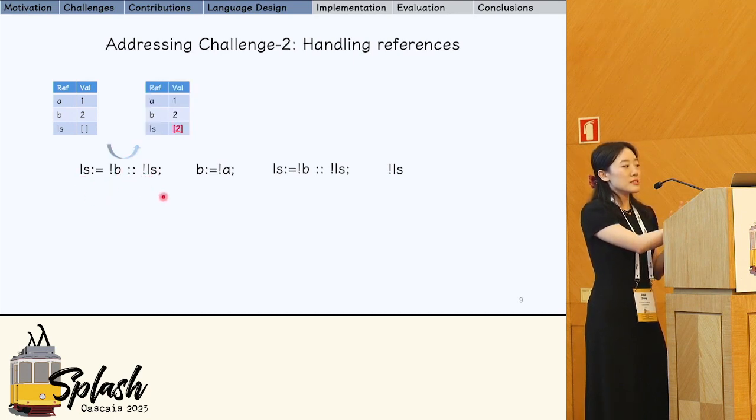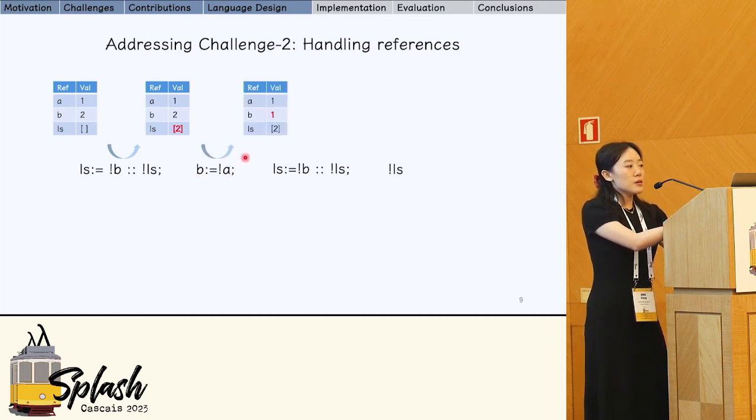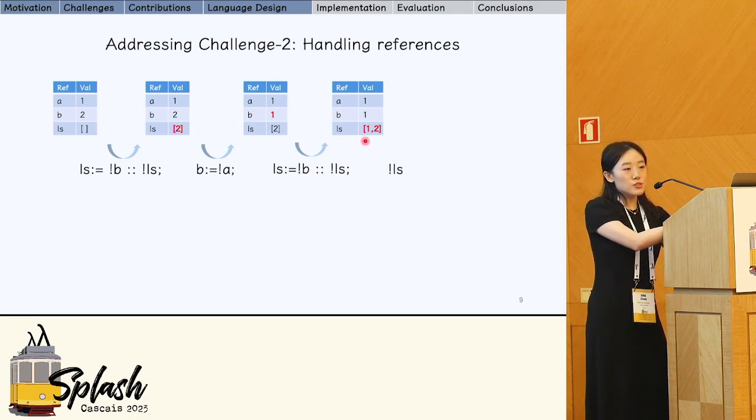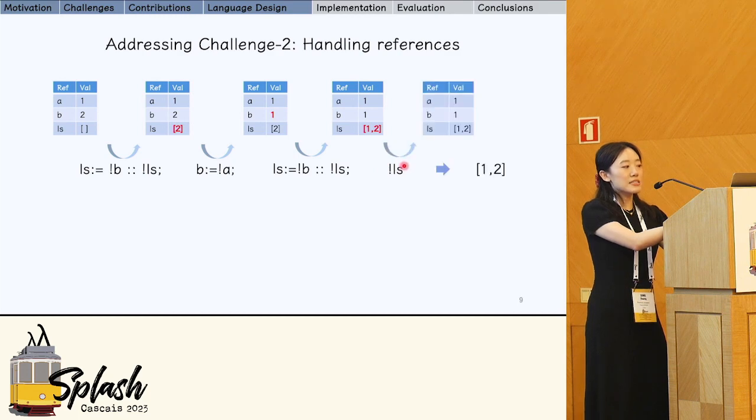So after this, LS becomes a list of 2, and we assign A's value to B, so B becomes 1 here. And again, we repeat this assignment, so LS becomes a list of 1 and 2. Finally, we output LS, so we get a list of 1 and 2, and this step doesn't change the state.